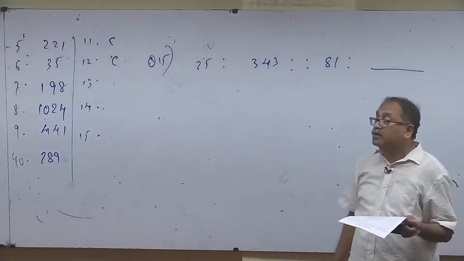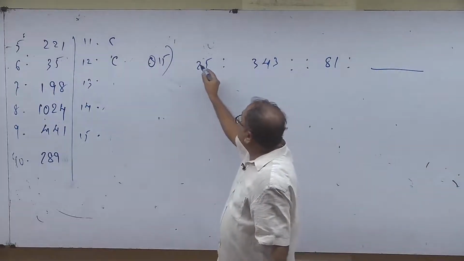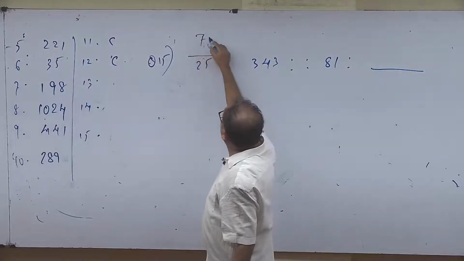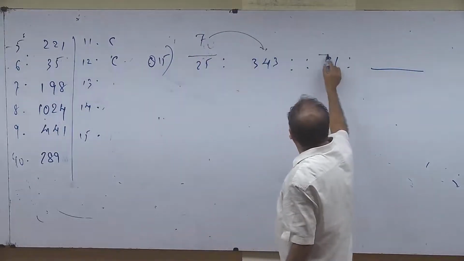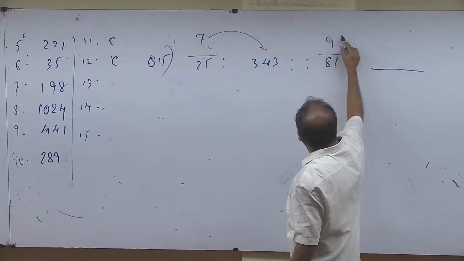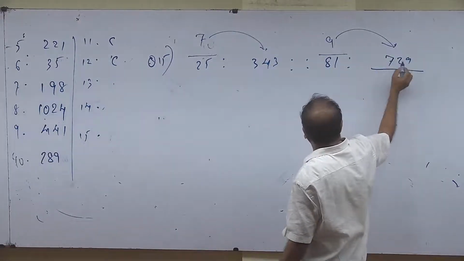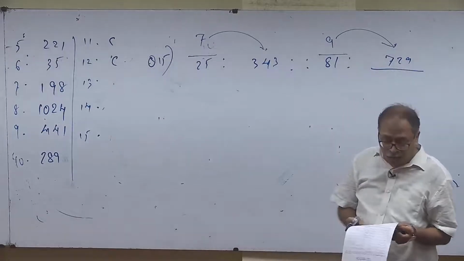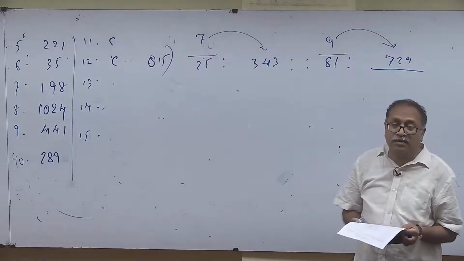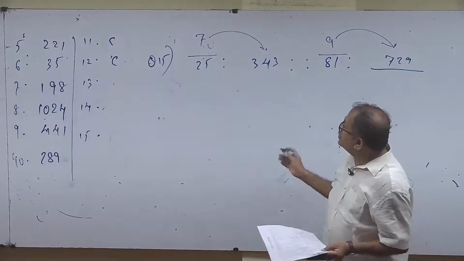Okay. So the sum is 7. So you say 7 cube, and the sum is 9. So therefore 9 cube, 729. Is 729 there? Yeah, it's there. This is one logic.